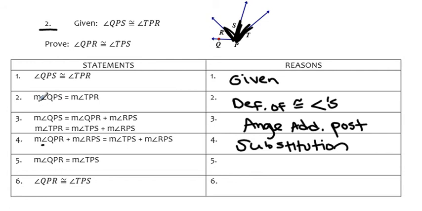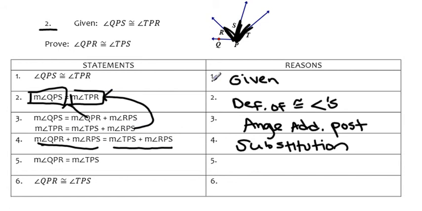Because what you're basically doing is you're taking this QPS and substituting in QPR RPS. That's how you wind up with this. And you're taking this TPR and you're substituting in TPS and RPS, which is this right here.